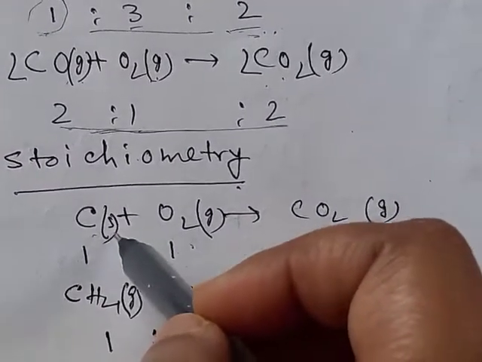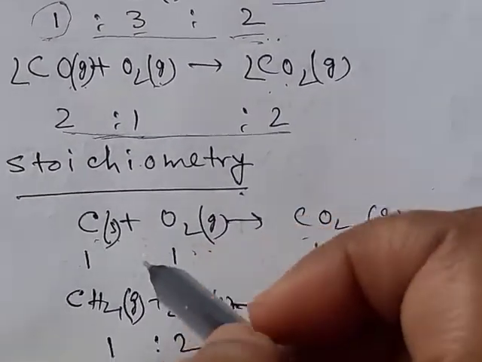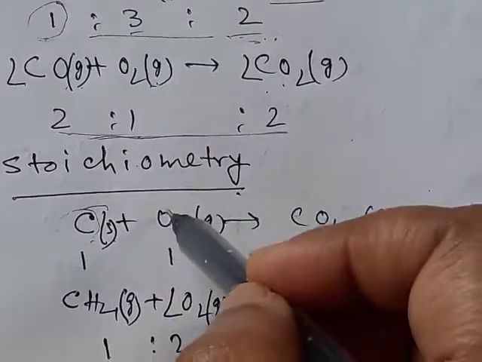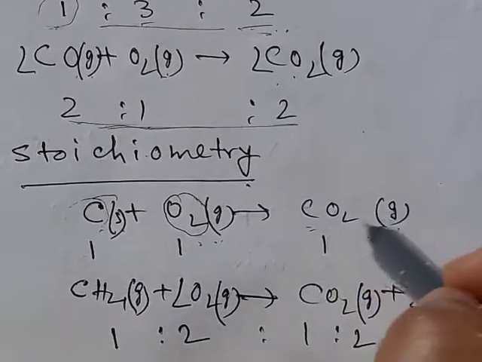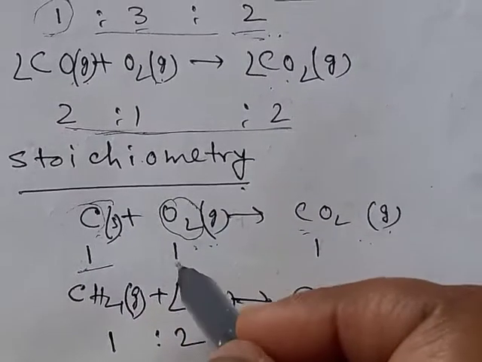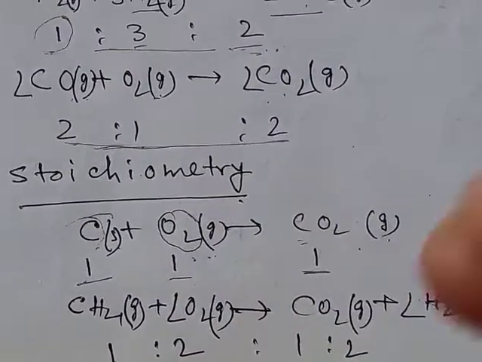Say here carbon reacts with oxygen to form carbon dioxide. Here from the balanced equation, one quantity of carbon reacts with one quantity of oxygen to form one quantity of carbon dioxide. So the stoichiometry of carbon is 1, stoichiometry of oxygen is 1 and carbon dioxide is also 1.